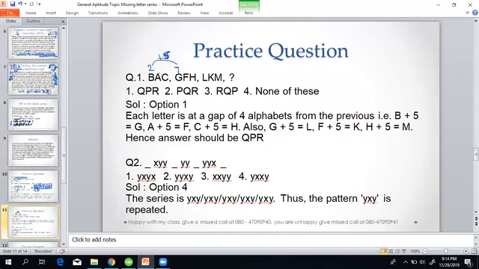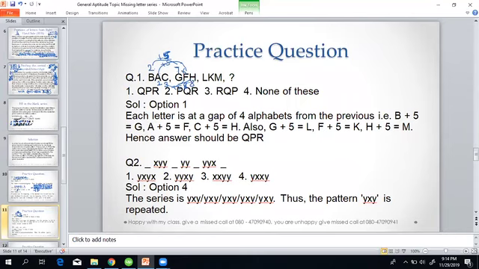Okay, and A is at the first position, plus 5 is 6, F is at the 6th position. Same, C is at the 3rd position. 3 plus 5 is 8, gives H, and H is at the 8th position, right?